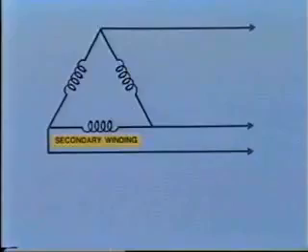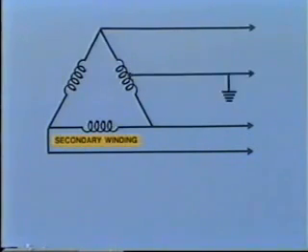Frequently, as you know, we need to supply single-phase loads as well as three-phase from the same secondary circuit. One way of doing this is actually a variation of the delta-connected secondary that we have just been looking at. As you can see here, it is possible to tap and ground the center point of one phase of the secondary winding.